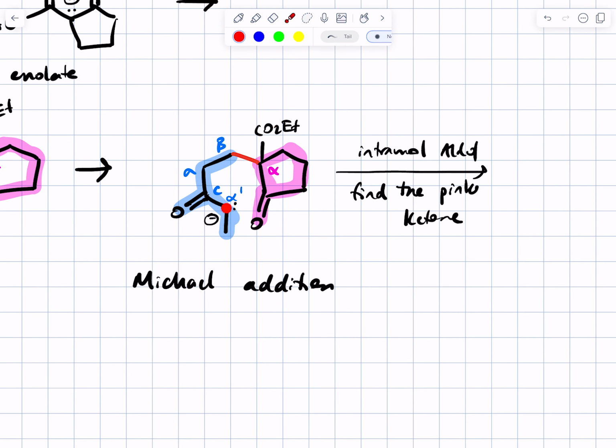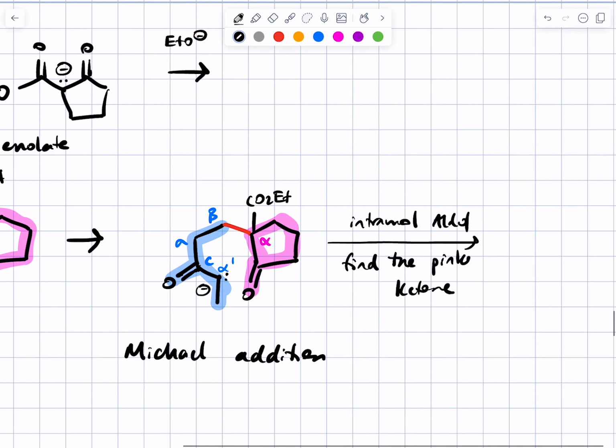We could totally consider and draw the products that would form from having alpha prime attack the ester carbon. What some of you are noticing is that the six-membered ring that would involve 1, 2, 3, 4, 5, 6 carbons would necessarily be linked to the five-membered ring through a linkage that looks like that.